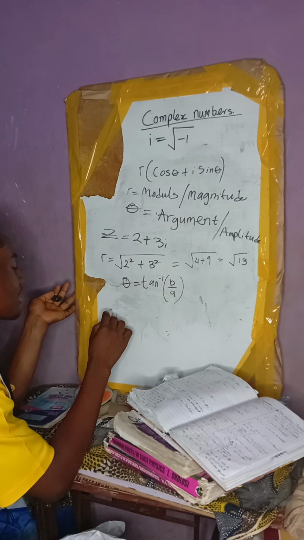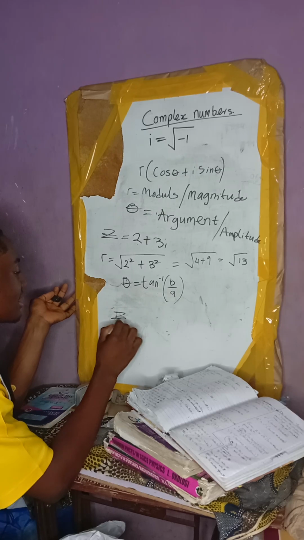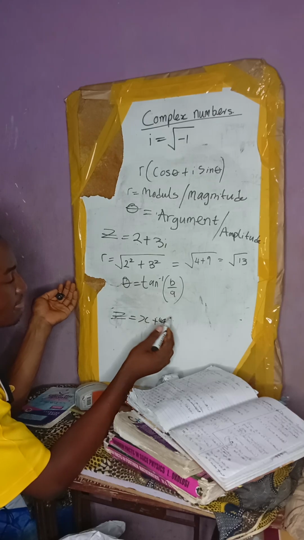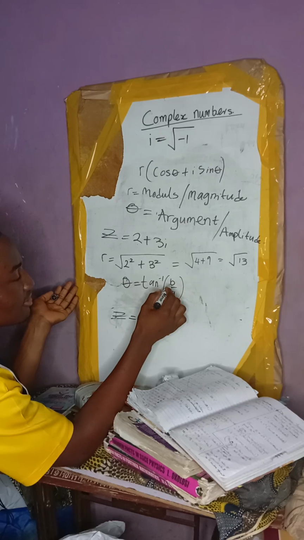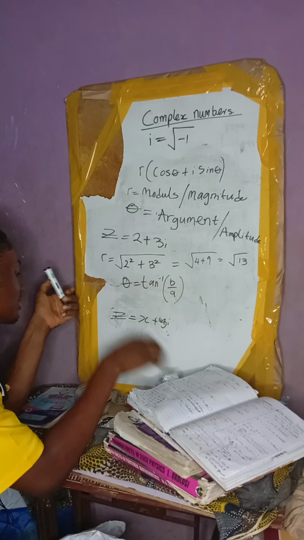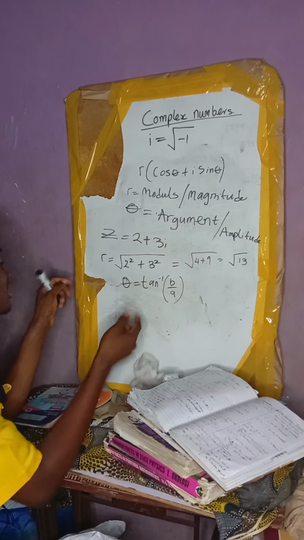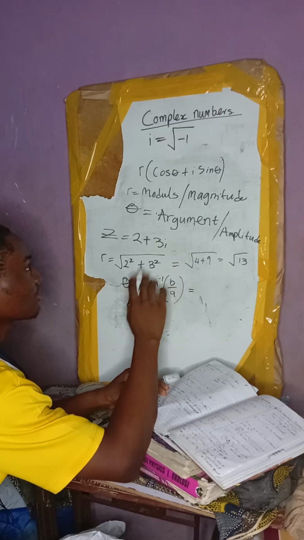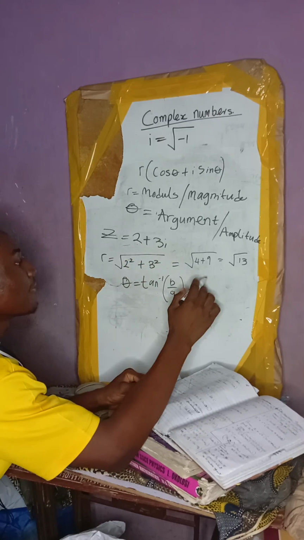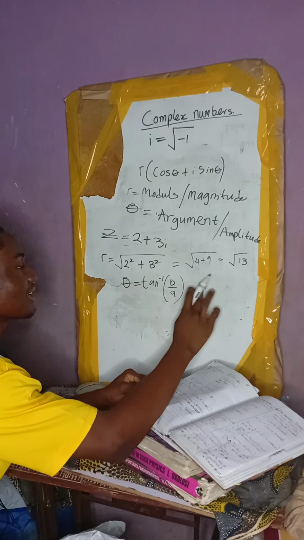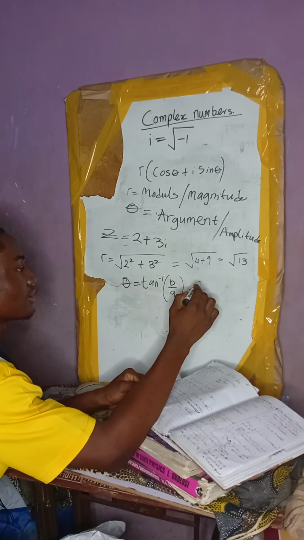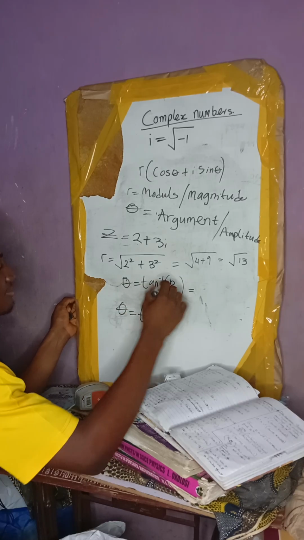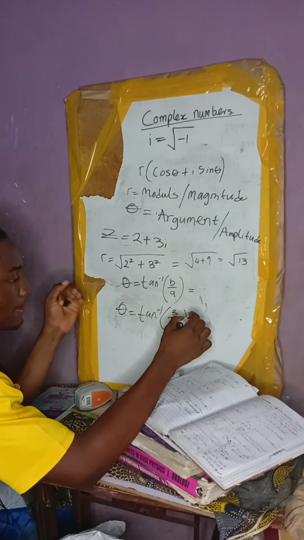Sometimes they represent Cartesian form as x plus yi. Sometimes you might see in a textbook that instead of a and b, they use x and y. So it's still the same thing, still similar to vectors in a way. So to find the argument or amplitude of this complex number, you will basically do tan inverse, or arctan, of 3/2.